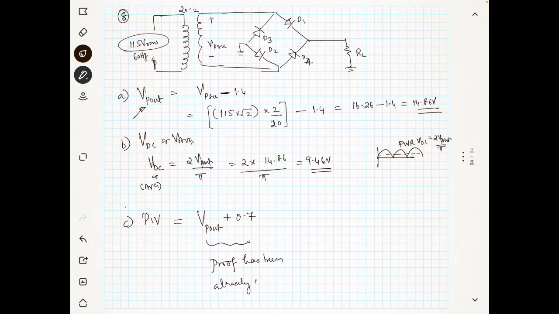That is why I am not going to explain it here. So it is nothing but 14.86 plus 0.7, it is nothing but 15.56 volt. So, I believe that all of you understood this problem. Okay. Thank you.